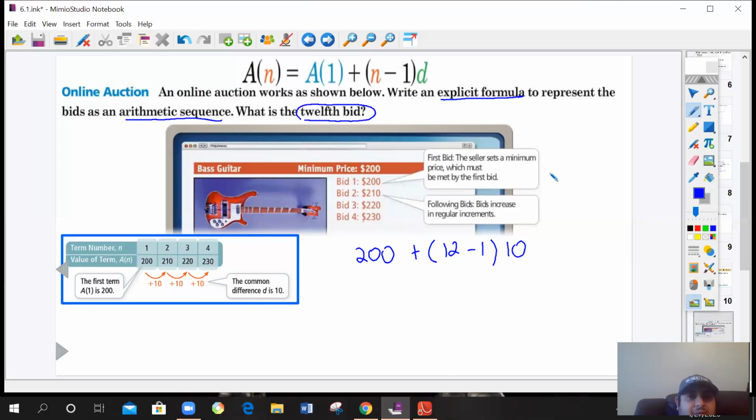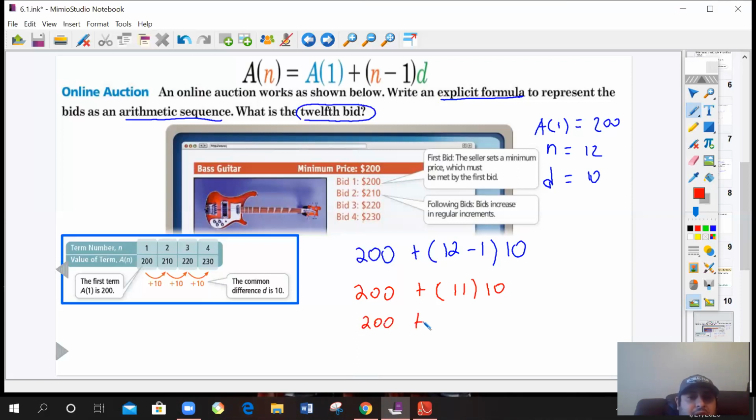If you want to write this down, your A1 is going to be 200, your n is going to be 12, and your d is going to be 10. If you want to see this a little more clearly, we determined we had 200 plus parentheses 11, and then 10 here.